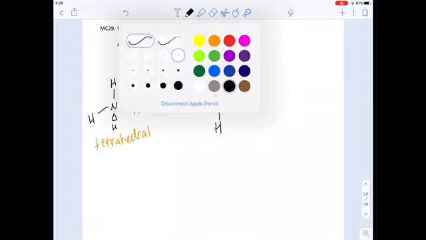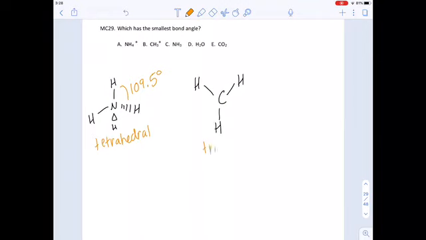Now looking at CH3 plus, it is going to look like this. And this is going to be a trigonal planar molecule with a bond angle of 180 degrees.